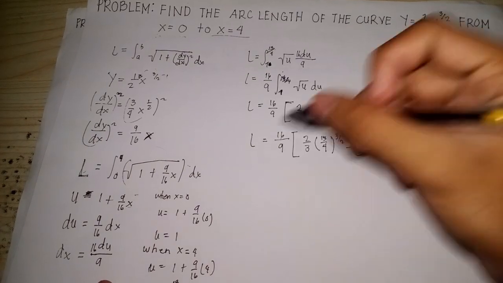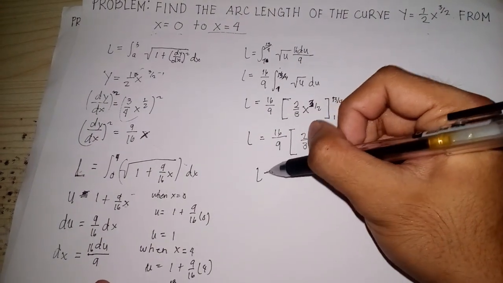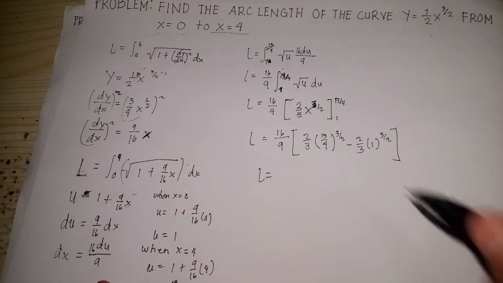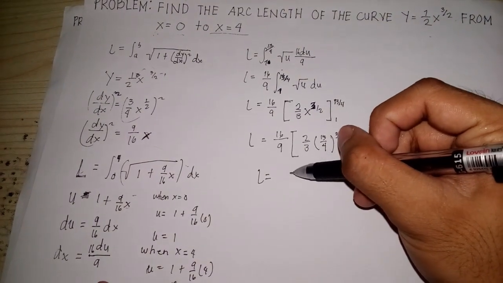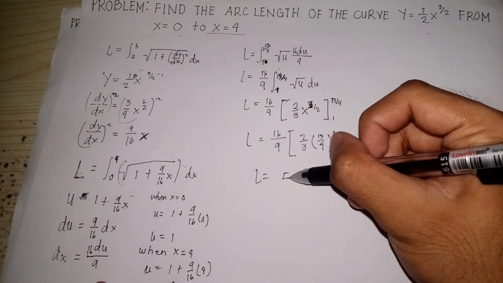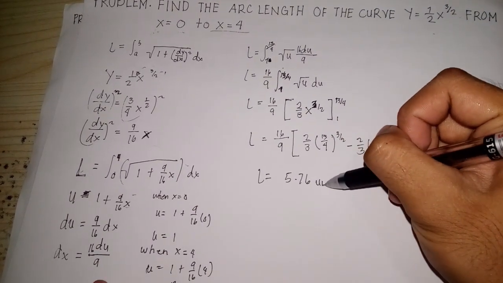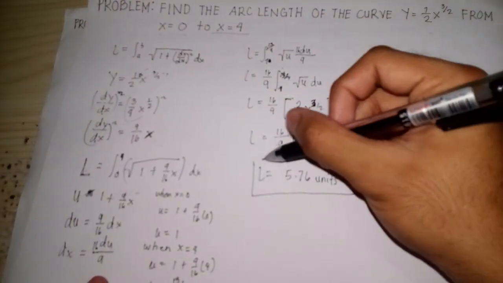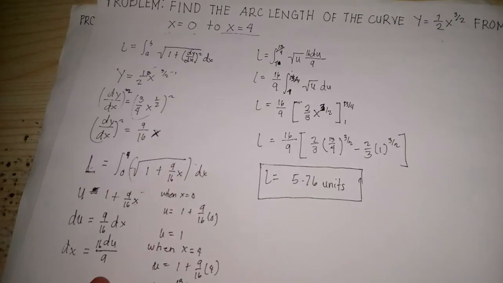Then plugging that into our calculator, we should get our final answer for the length of curve, which is 5.76 units. So that's our final answer for the length of curve.